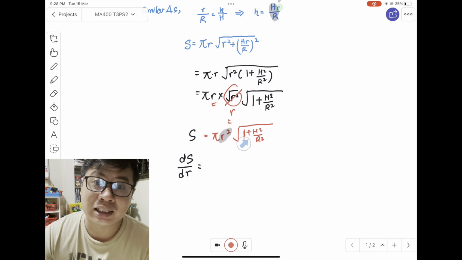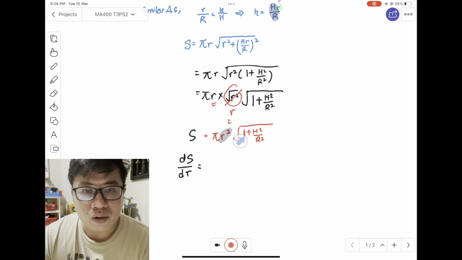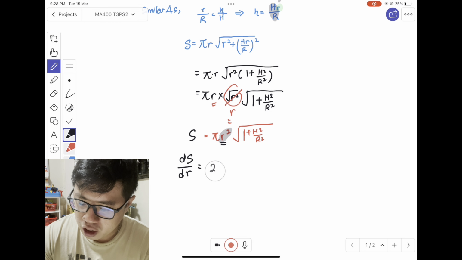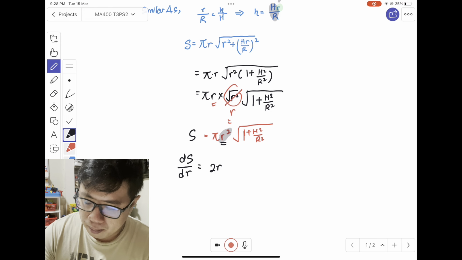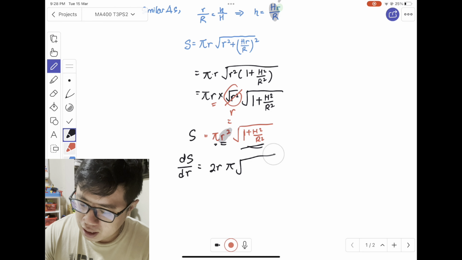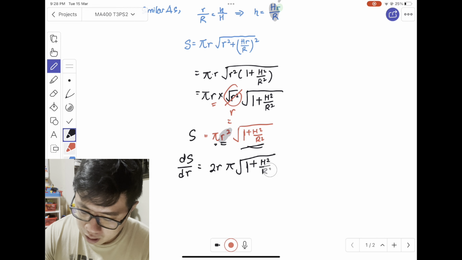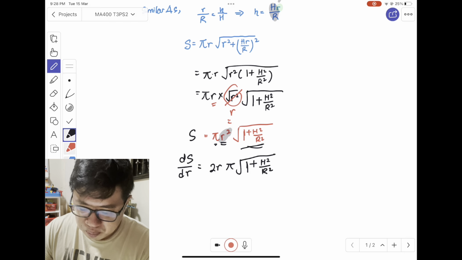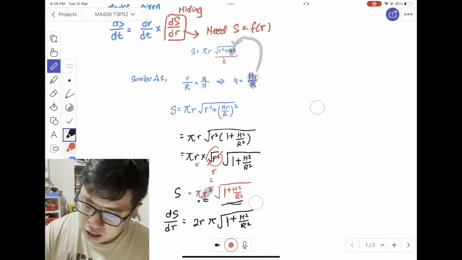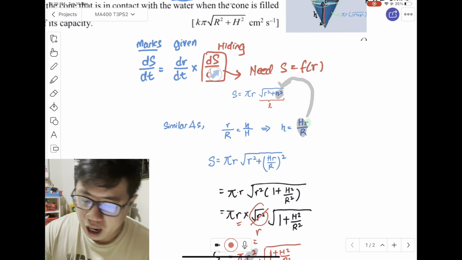Everybody else are scalars. So this r squared here, when differentiated, gives me 2r. Pi and the radical term here just remain as a scalar constant, and they are not touched at all. Alright, so there you go. This is your ds/dr.